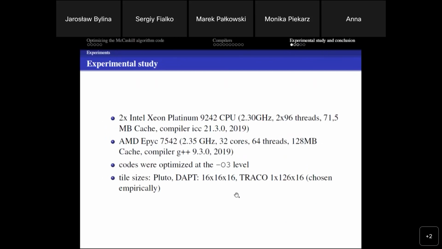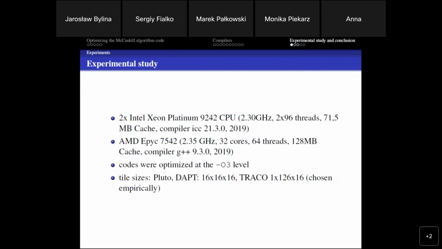We chose two target machines. One machine was a great machine, with 96 threads. On the main board there were two Intel Xeon Platinums. The machine was accessed thanks to Częstochowa University. They had access from Intel Corporation, but only for a moment.